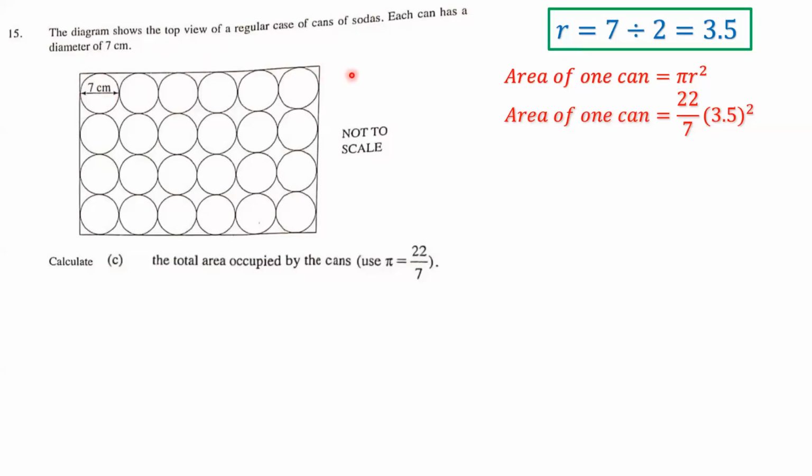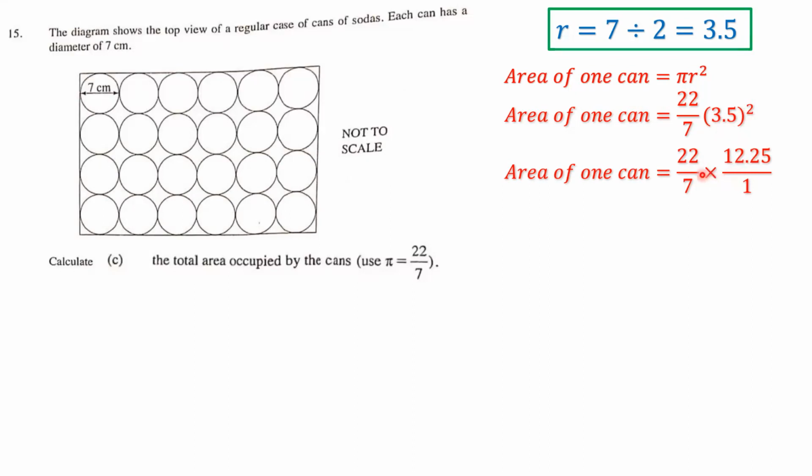So the area of one can is pi, which is 22/7, multiplied by 3.5 squared, because that's the radius squared. 3.5 times 3.5 is 12.25. We put it over 1 because we want to multiply these fractions.